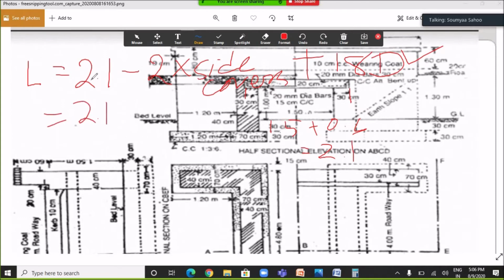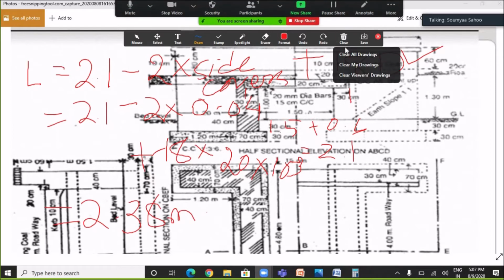So 2.1 meter minus 2 into 0.04 plus 18 into 20 into 10 to the power minus 3. If we calculate this value, we will get 2.38 meter.